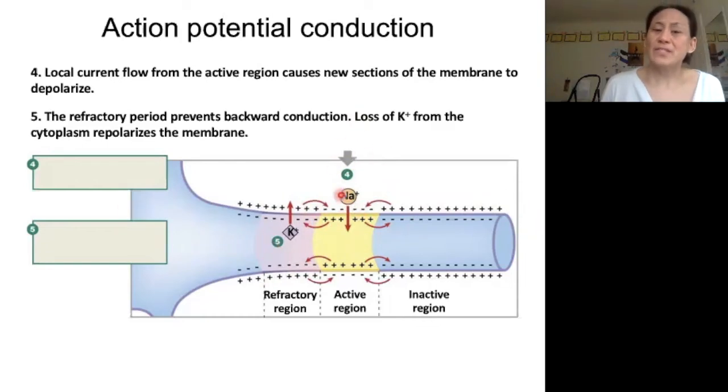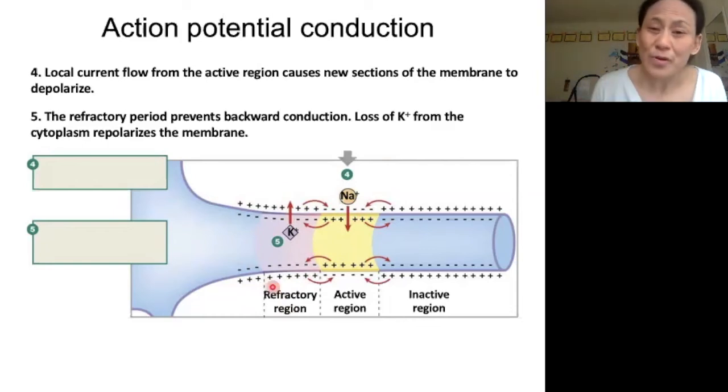Remember that we had sodium coming in. It's going to depolarize both downstream and upstream. However, that depolarization that's upstream, over here, is not going to trigger an action potential. And the reason for that is because this region of the axon has just gone through an action potential and it is in its refractory period.